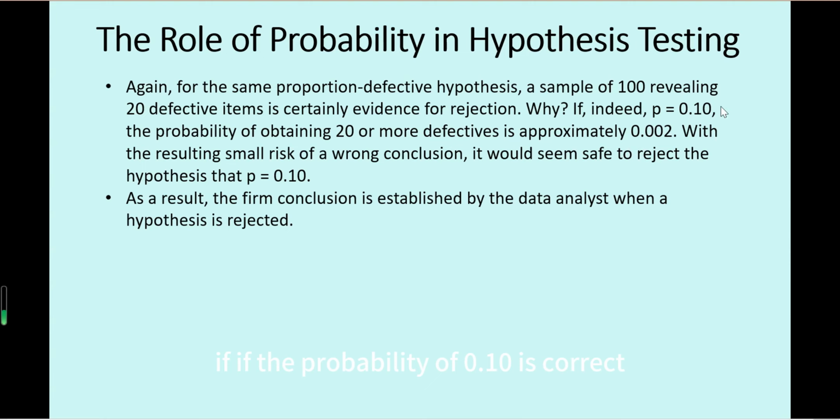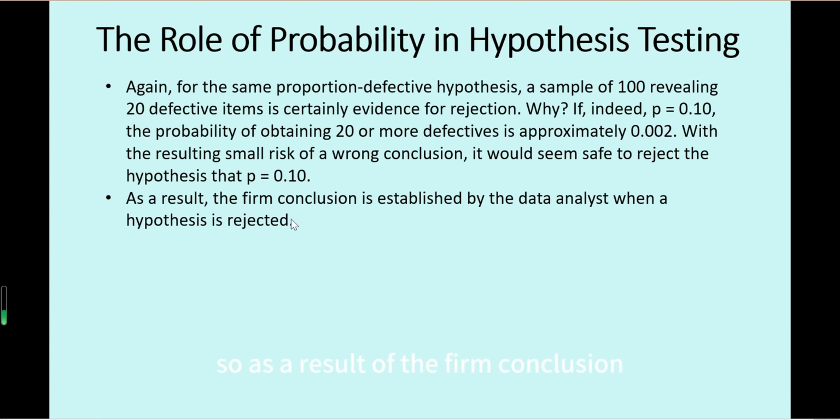If the probability of 0.10 is correct, then the probability of getting 20 defective out of a 100 sample is only 0.002. So if we reject this probability, the wrong rejection is only a 2 in 1,000 chance. So it's quite low. This is what we want to see.